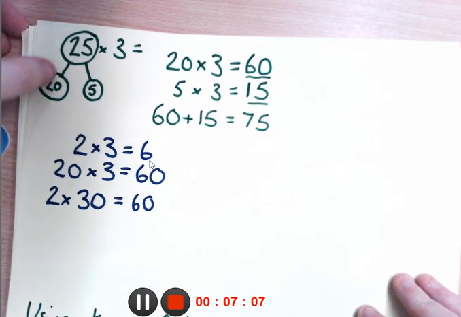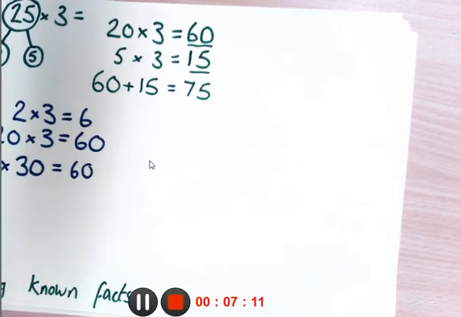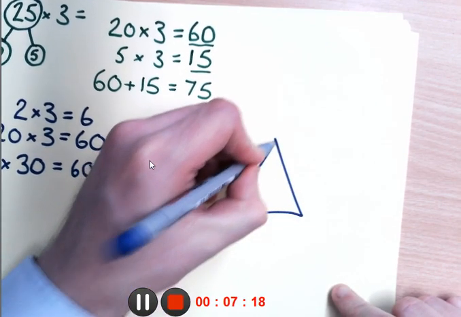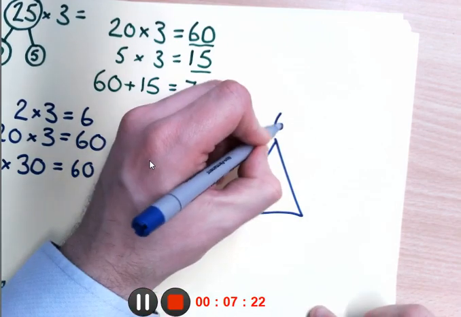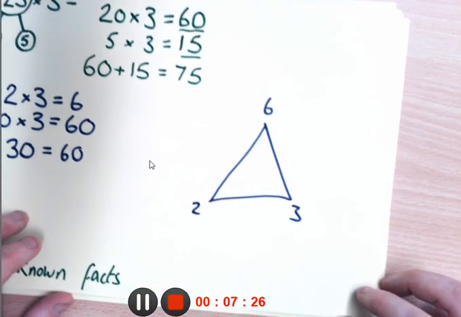Just as one last added bonus there, we also talk about these number families, which is quite important for us to start talking about a lot, and it's that triangle that we set for prep a few weeks ago. So if we look at this one here, 2 times 3 equals 6, it's that knowledge that if we've got those numbers, we can make some calculations from that.